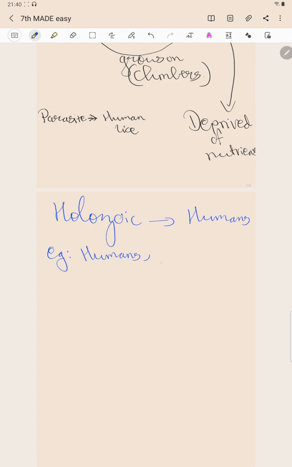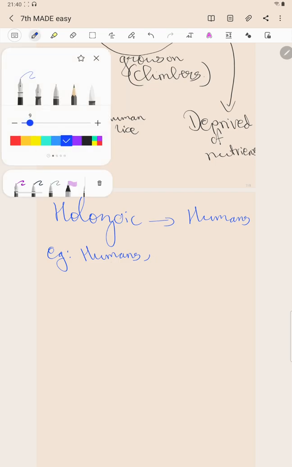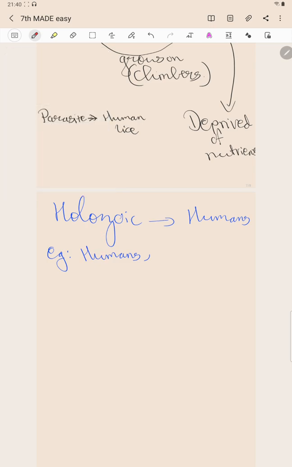animals, the carnivorous animals. But apart from that, there are some plants which show holozoic mode of nutrition, and that is what is important. A good example of a class of plants for this is insectivorous plants. So these are plants, but these are insectivorous.